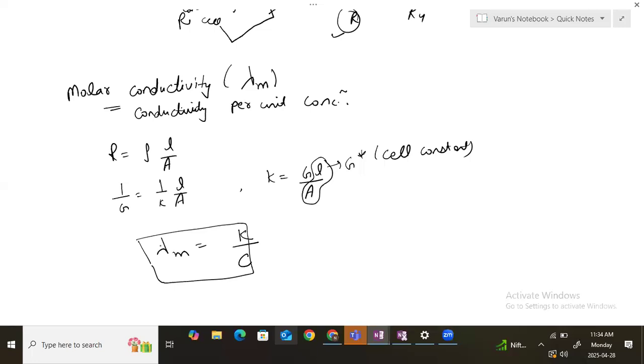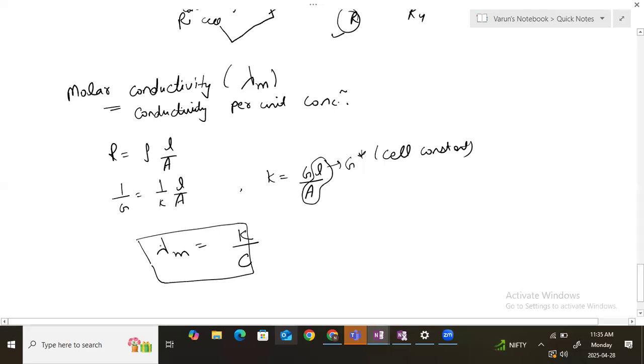But for the electrolytic conductance, as we increase the temperature, the dissociation will increase, the number of ions will increase, and the conductivity will increase. So there will be the inverse effect on metallic conductance and direct effect on electrolytic. Got it?